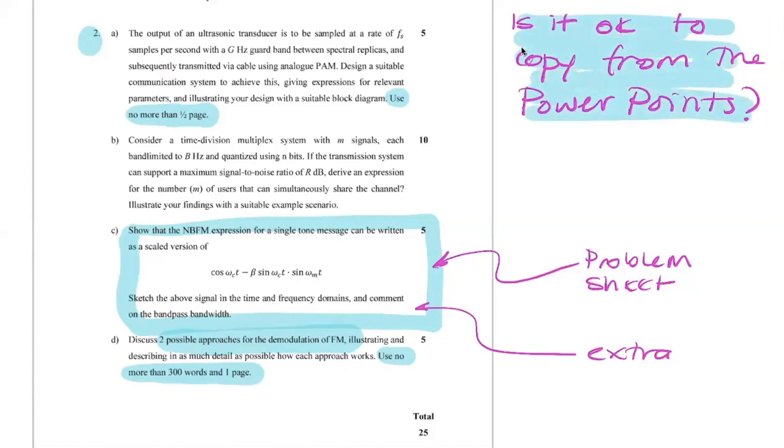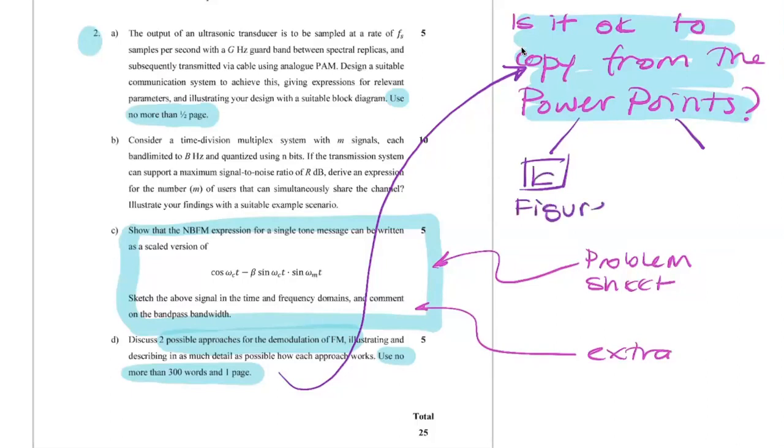If it's a standard question like this, that's already available in the PowerPoints, is it okay to just copy? What do you think? And by copy, there's 2 things you can copy. It could be a diagram or a figure, or it could be text and maths. Is it okay to copy?